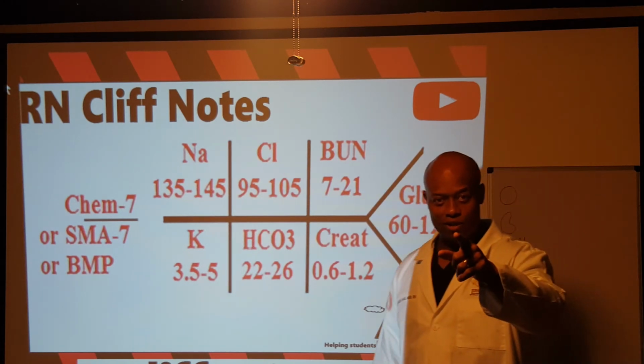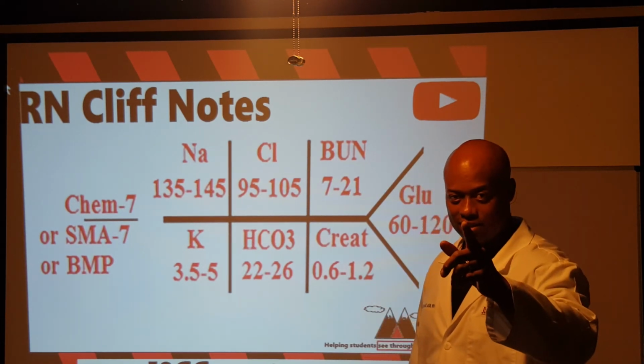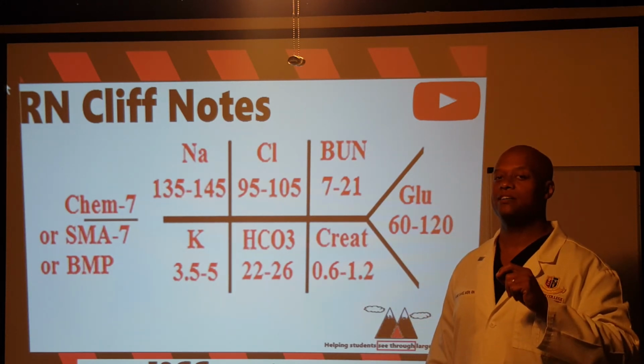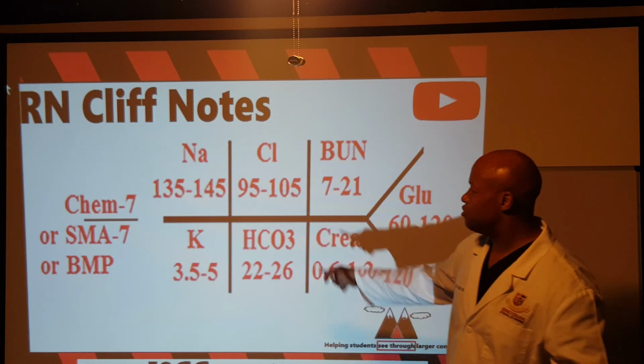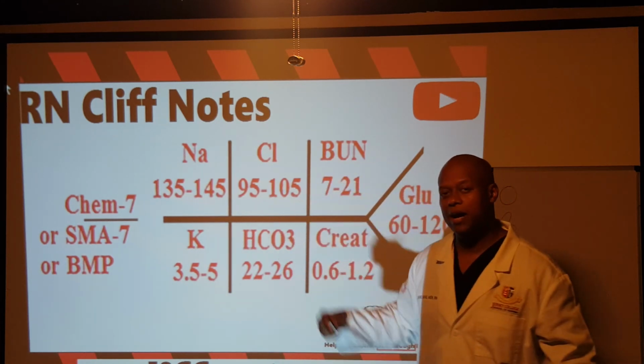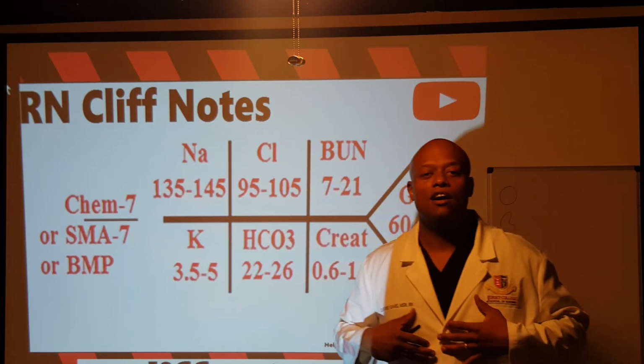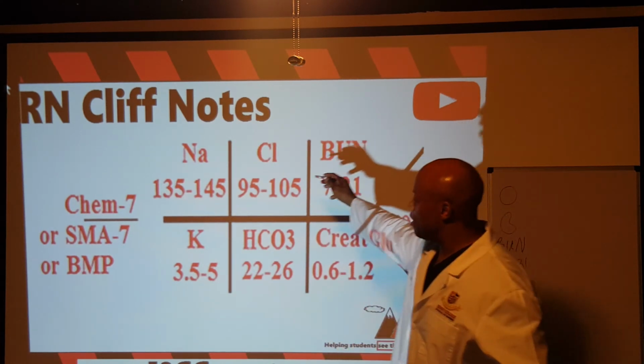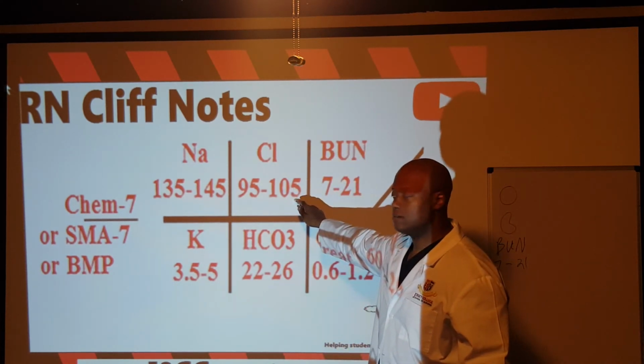If you said hydrochloric acid, you are correct. Hydrochloric acid, right? So the more chlorine that you have in your body, which is full of hydrogen, right? The more acid your body can create.